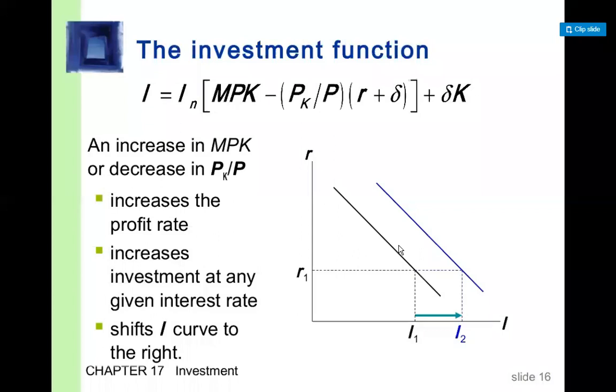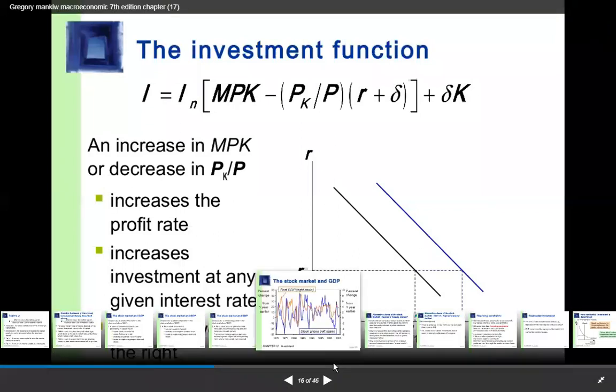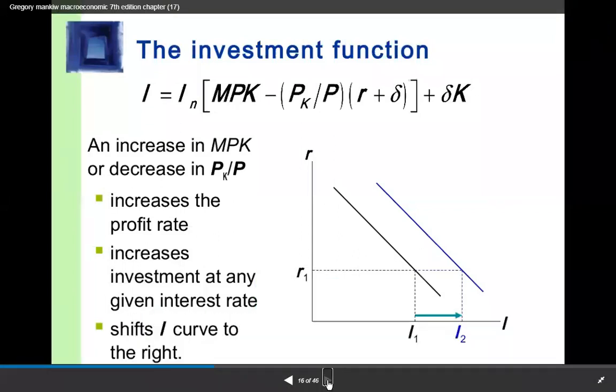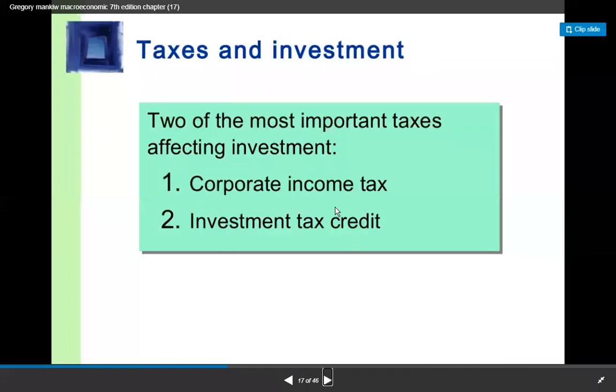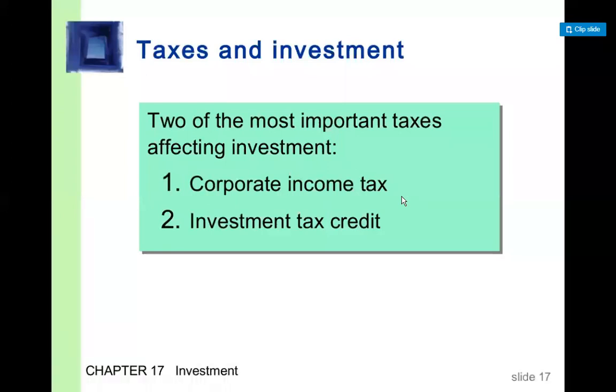These factors are corporate income tax and investment tax credit. Corporate income tax is basically the tax imposed on profits. And investment tax credit means government subsidies, government concession with respect to tax to the firms.